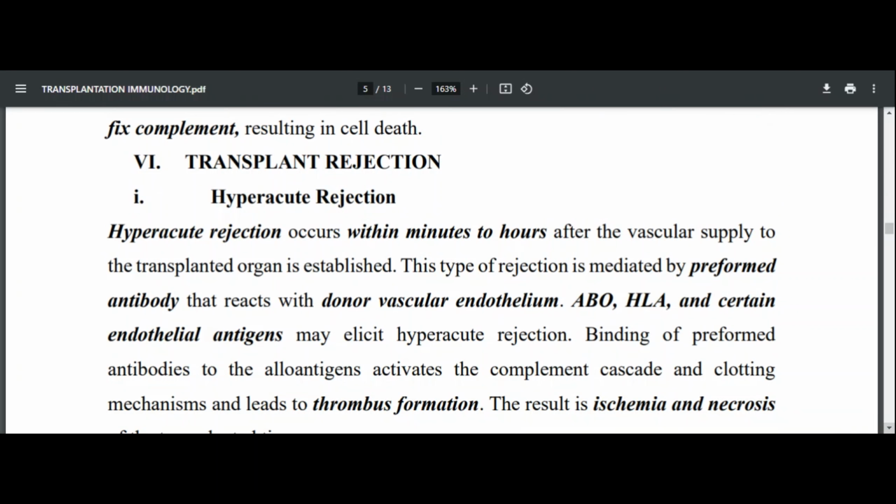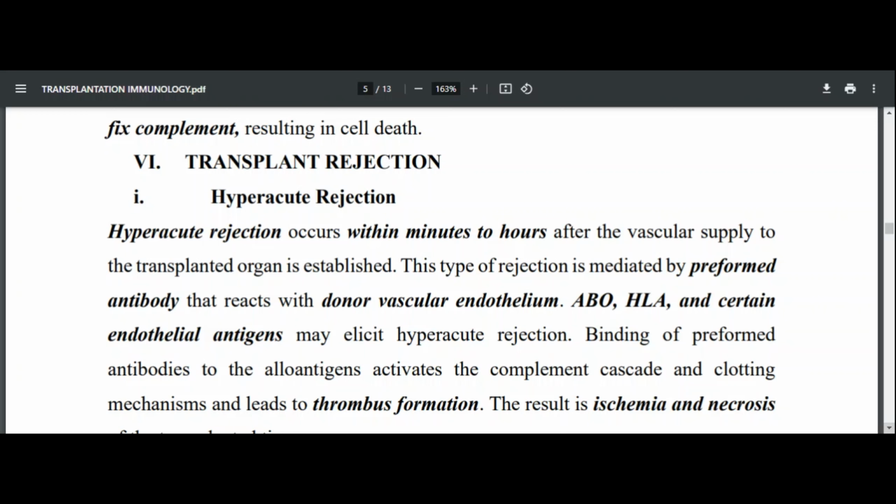So forget about waiting for days. After finishing transplantation, you must supply blood to that tissue because tissue needs oxygen. After establishment of blood supply to the transplanted organ, that is what is called hyperacute rejection.